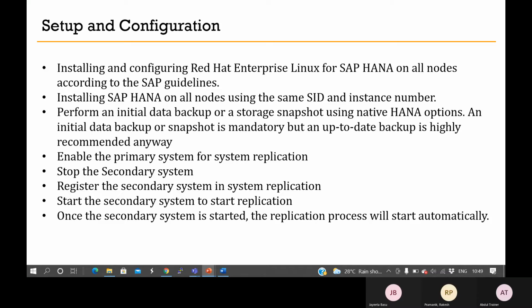Once we start the secondary system, your replication starts. So only 4 to 5 steps are there: perform the initial data backup, enable the HSR at the primary, stop your secondary system, register your secondary system in the HANA system replication, then start the secondary system. Once the secondary system is started, your replication will start automatically.